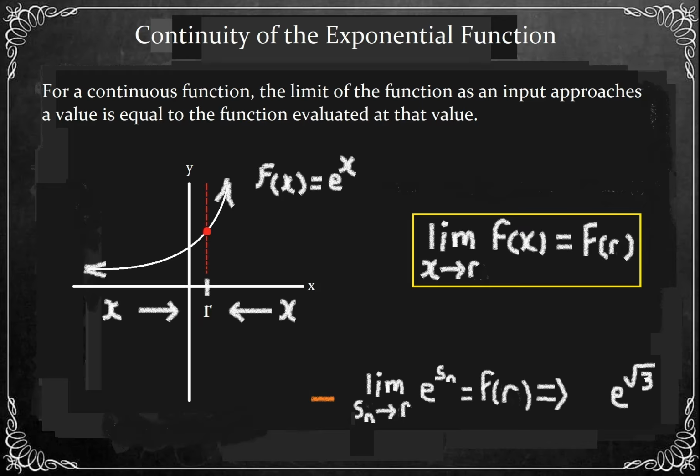Then we can rewrite the yellow box. The orange bullet: we have the limit as s sub n approaches r of e to s sub n equals f of r. If r equals square root 3, then the limit equals e to x, evaluated at that value.